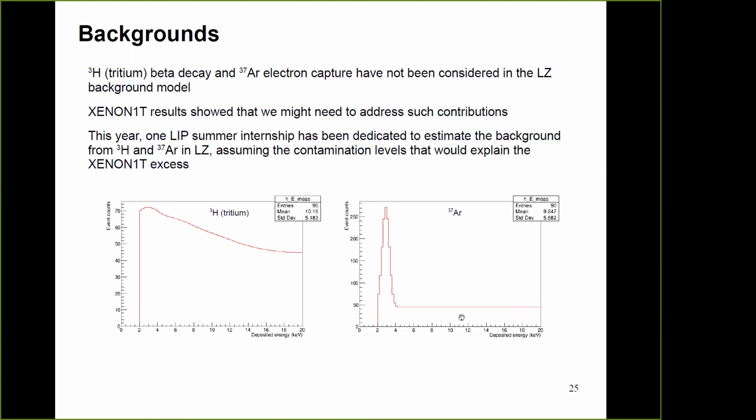And you can see here what you expect to see in terms of events. So that's normalized to what you would expect with those rates. And in particular, it's important to note that the argon contribution would be precisely at the position where the xenon quantum excess is.